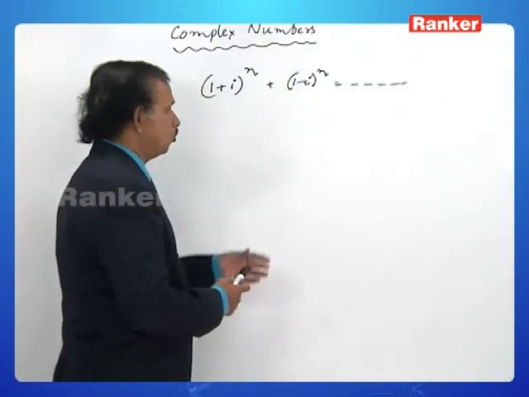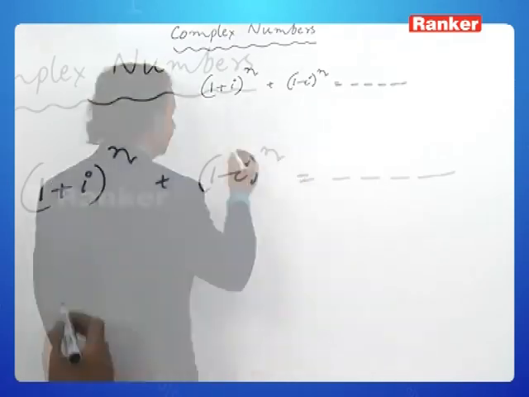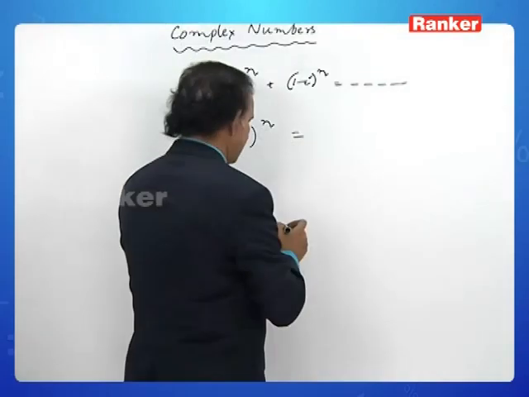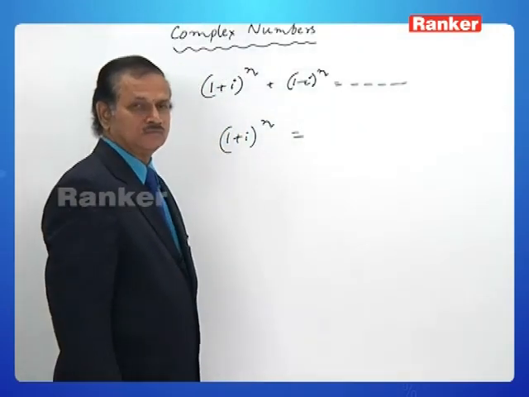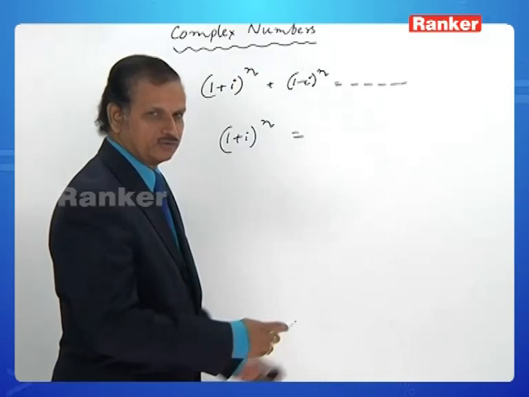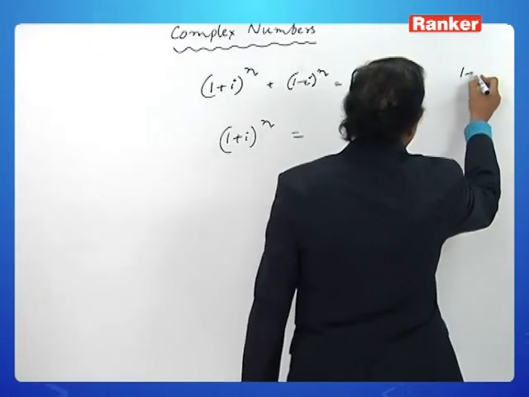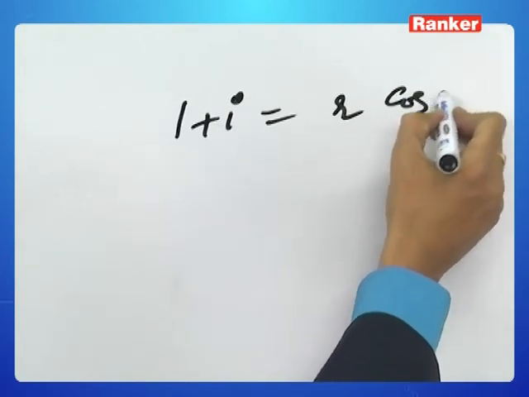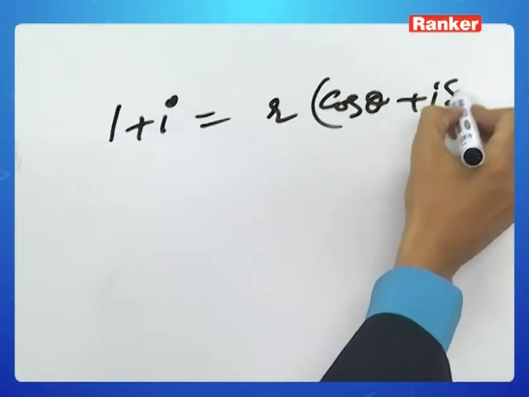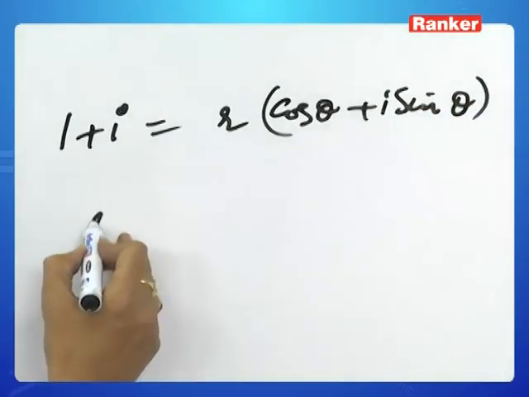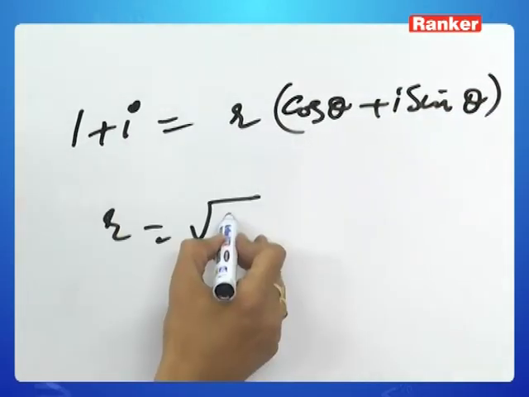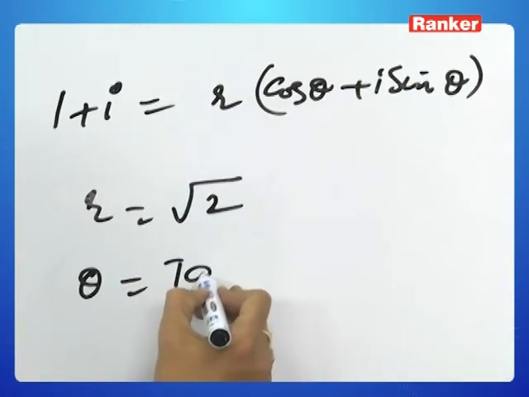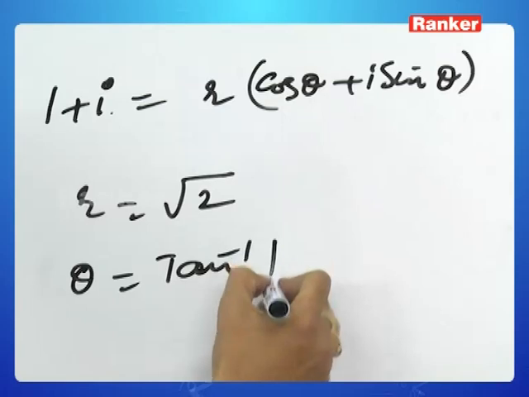Let me first know what 1 plus I whole to the power of n is. First of all I am interested to write 1 plus I in mod amplitude form. 1 plus I is equal to r into cos theta plus I sin theta. Here r is equal to root of a square plus b square, that is root 2, and theta is equal to tan inverse b by a, 1 by 1, that is 1.